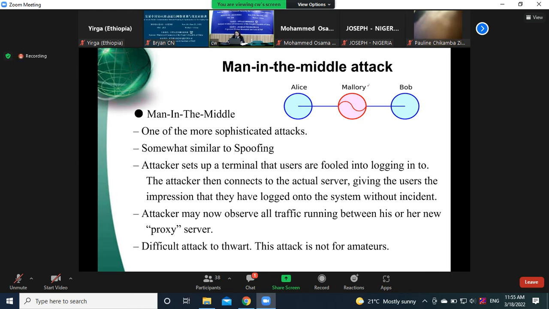So in this way, Bob thinks that this message is very secure. It's the secured communication from Alice.